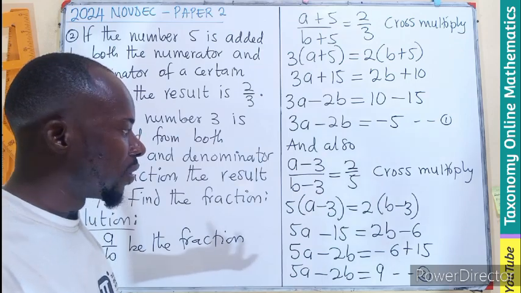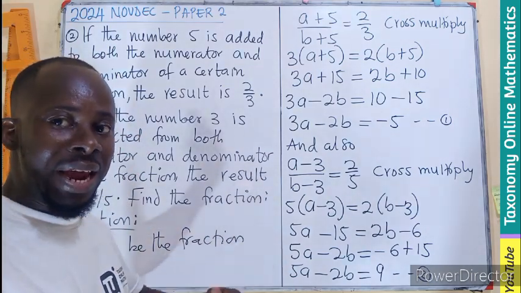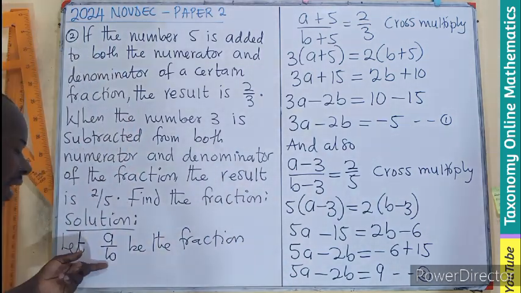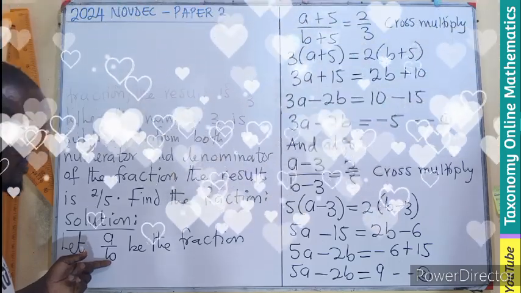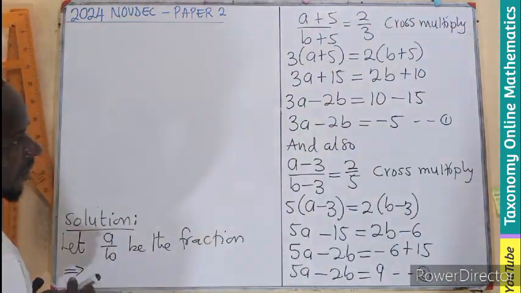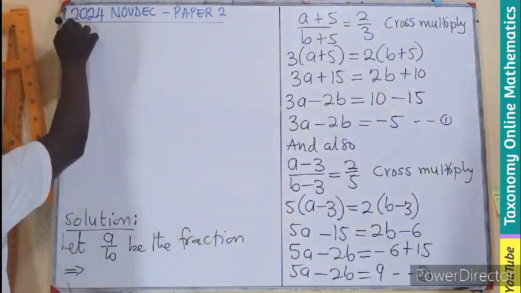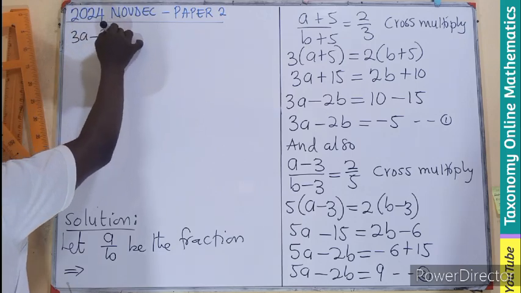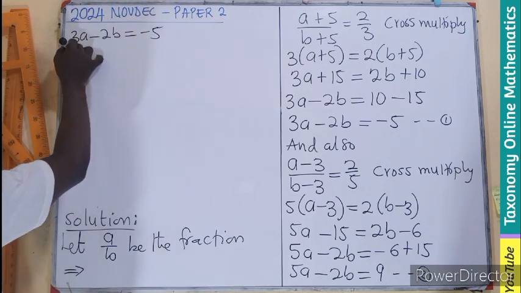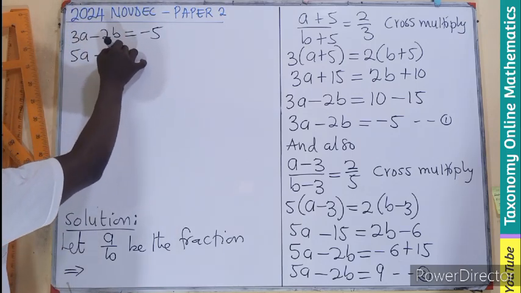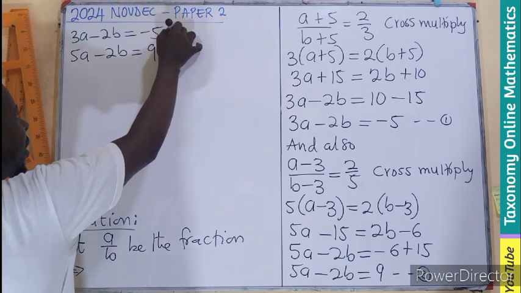So we solve it simultaneously and see what the a and the b are in the fraction. So from here, let me rewrite this. I have 3a minus 2b equals minus 5, 5a minus 2b equals 9.